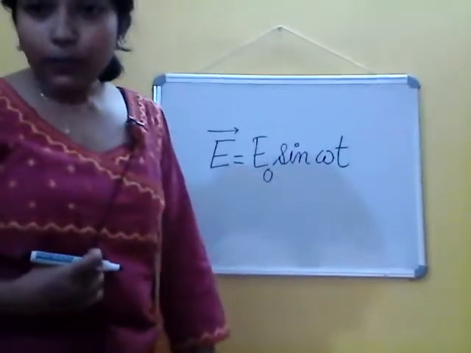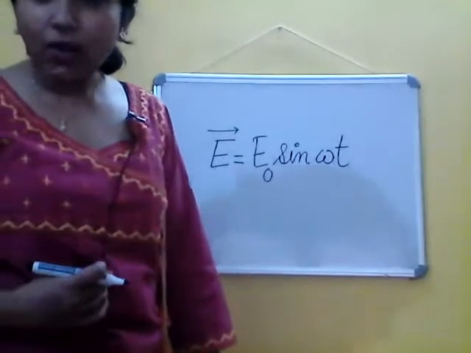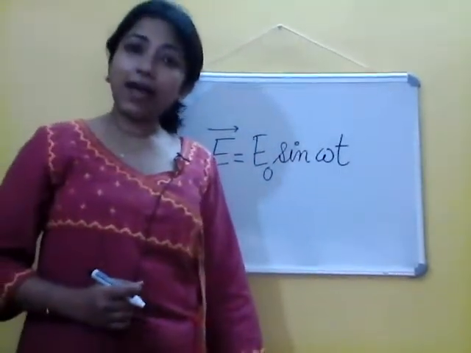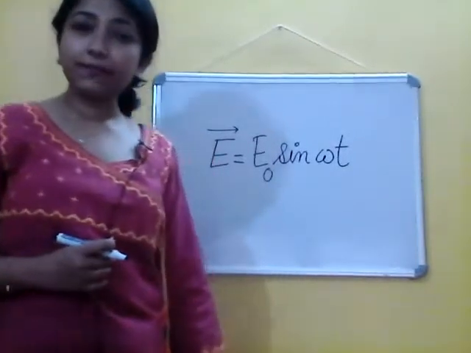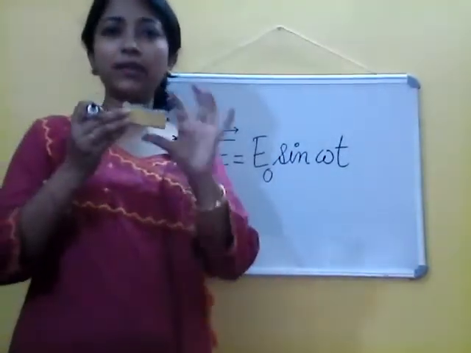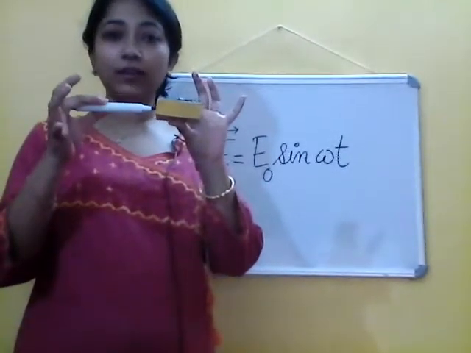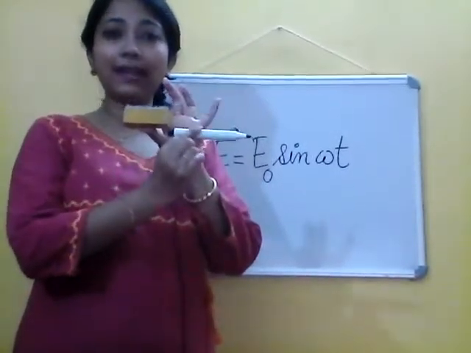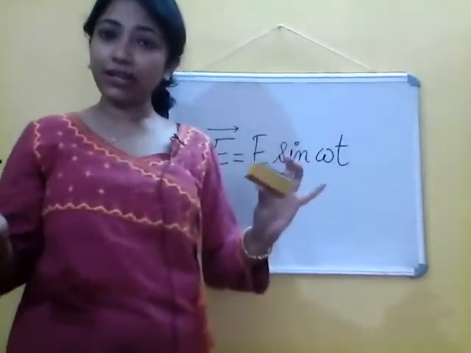What is Yusuf saying? Will the ordinary ray be observed constant in all direction? I did not follow your question, Yusuf. Constant in all directions means? Say this is my optical medium, I have sent an incident ray over here and I have got an O ray and an E ray. You are saying it will be observed in all directions or not?